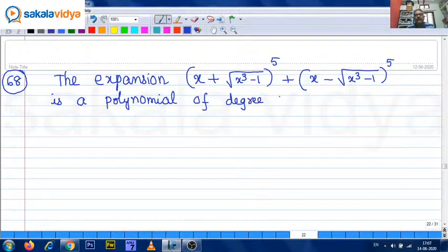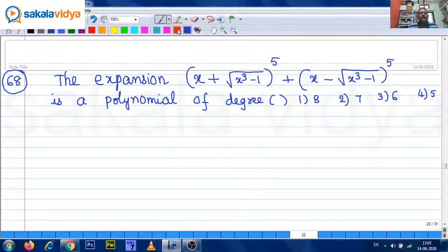The degree of this polynomial we need to find out. First option is 8, second option is 7, third option 6, fourth option 5.